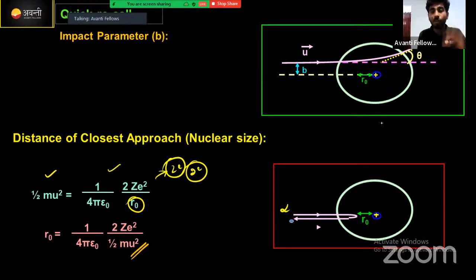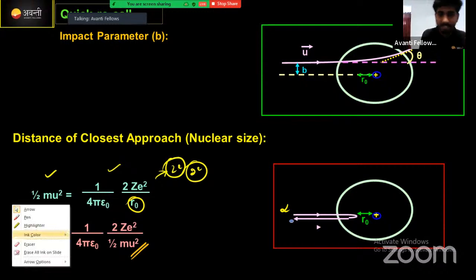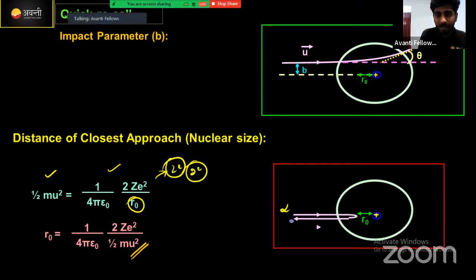Now, this perpendicular distance, b, the perpendicular distance to the velocity vector, is called the impact parameter. If I consider the trajectory of the alpha particle to be this one, this is the first line, and this will become the impact parameter. At this condition, it goes without deviation, which means there is no scattering angle.